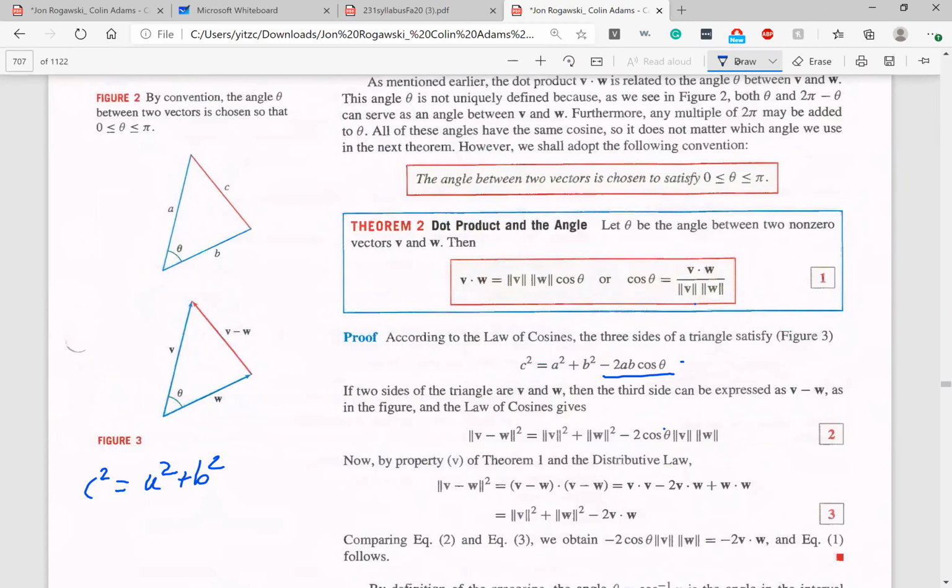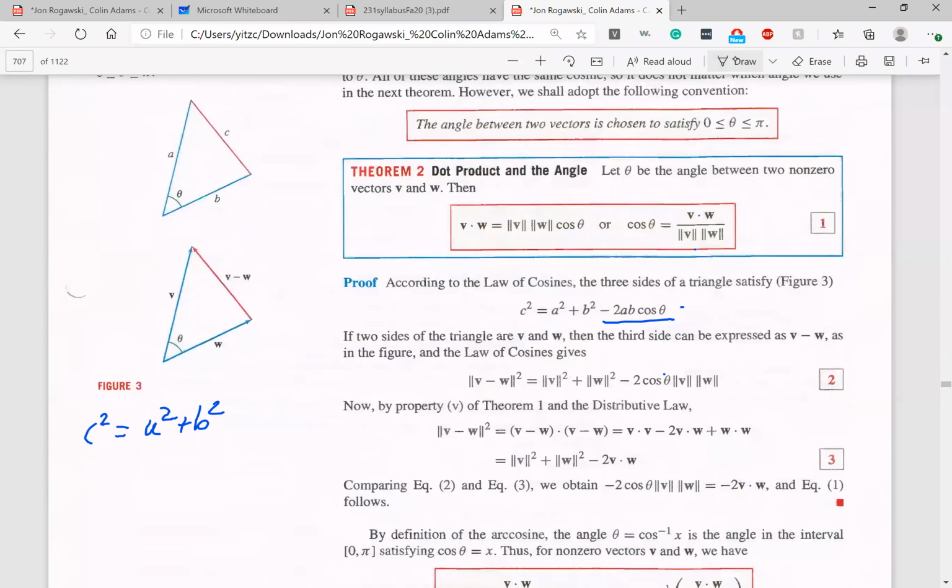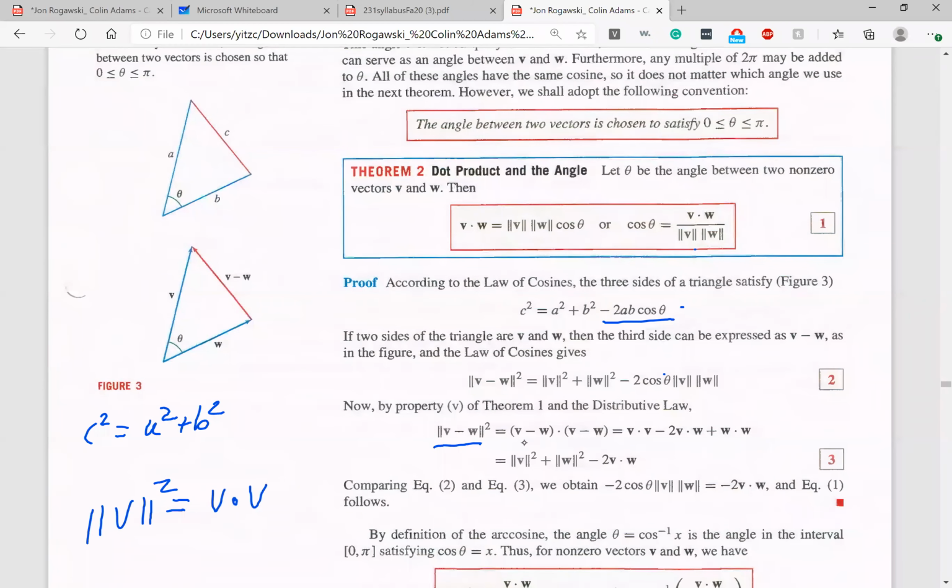Now, if we look at one side of this equation, because we know that the magnitude of V squared is equal to V dotted with V, we know that this is equal to itself dotted with itself.